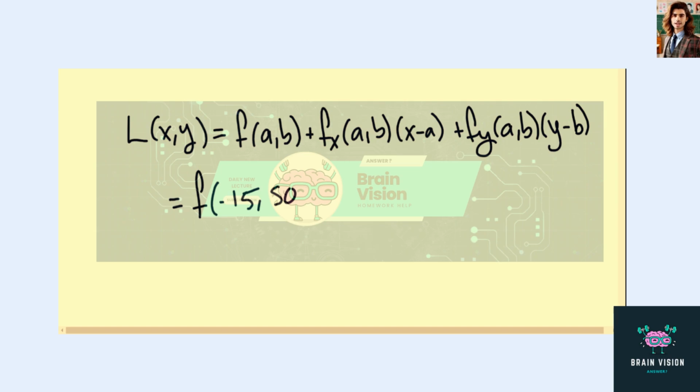So it's temperature and wind speed here. All right, so we add to that the partial derivative at the same values, negative 15 degrees Celsius and 50 kilometers per hour.